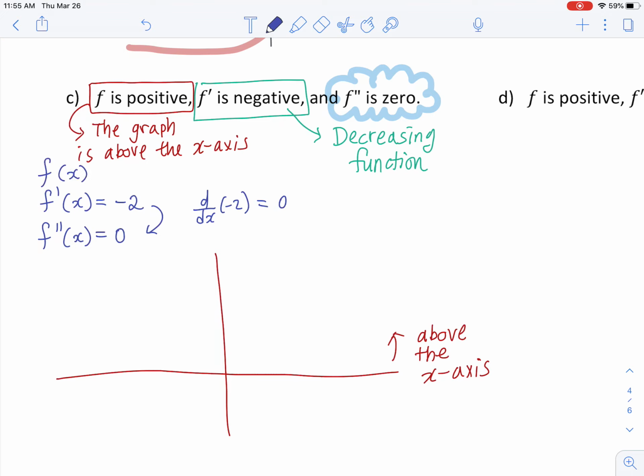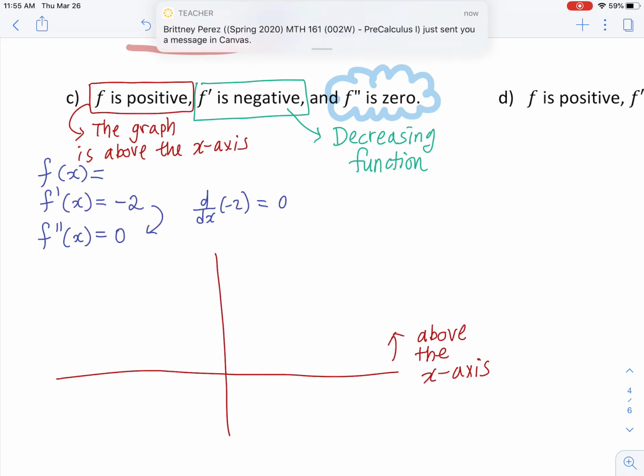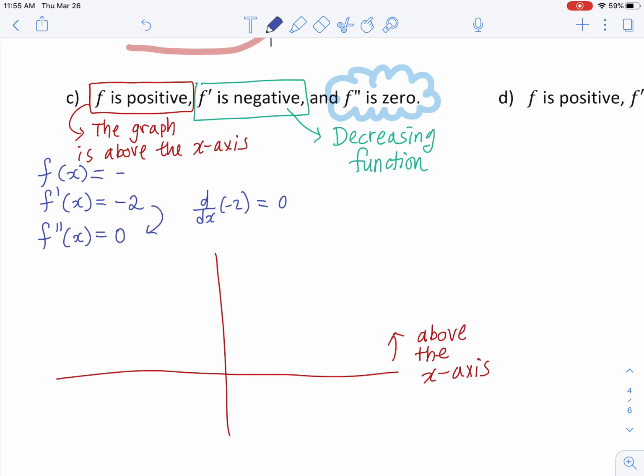So what may be f of x? How about if I think about something like -2x? Wouldn't the derivative of -2x be -2? The reason I put the coefficient to be negative is because I knew that the function is decreasing.